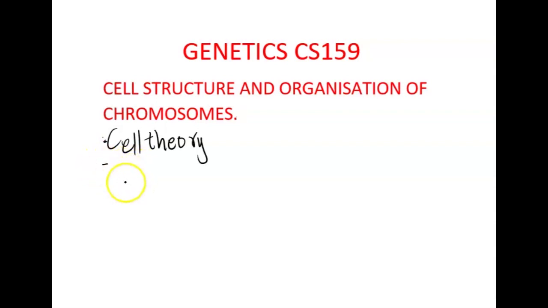The first theory is that cells are the basic units of organization.